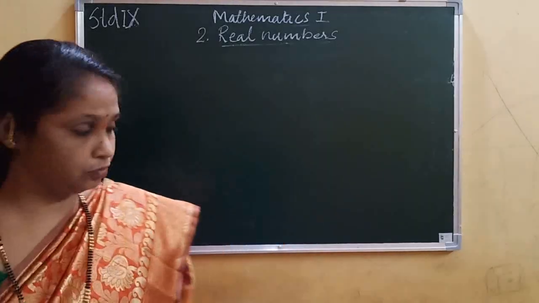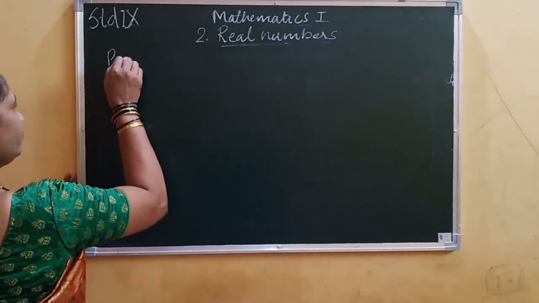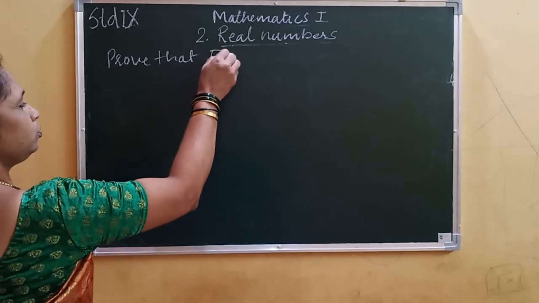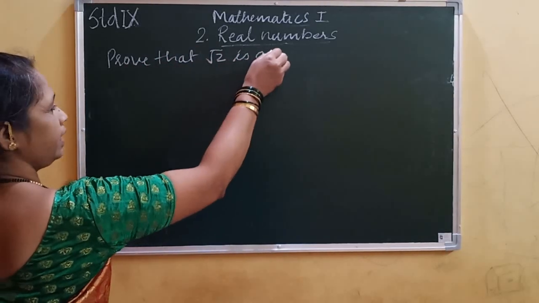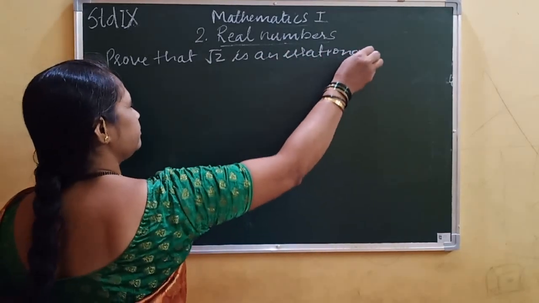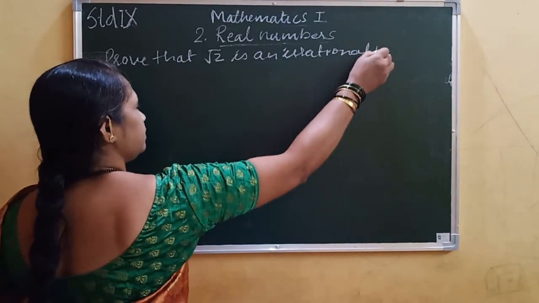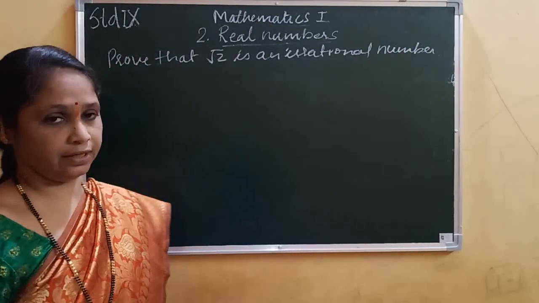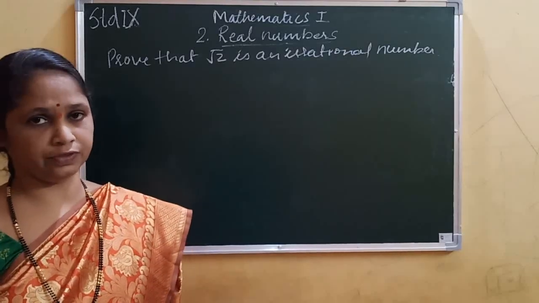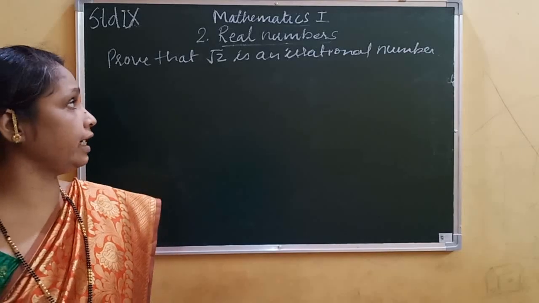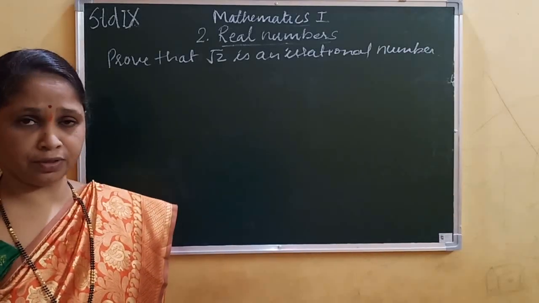Okay. Prove that root 2 is an irrational number. We have to prove this. So for that, suppose we consider that root 2 is a rational number.